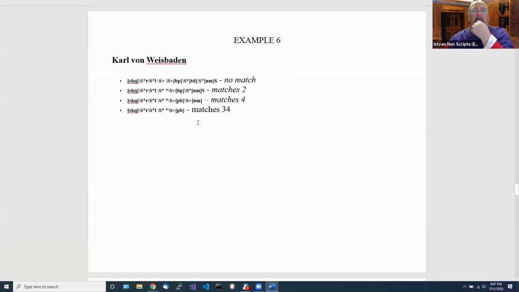Next example, Karl van Wiesbaden. I'm not going to go through this one closely because I only have 10 minutes left. I went too specific to start. I then eased it up a little and didn't get very many, so I eased it up a little more and didn't get very many more. The difference between the two is that one.